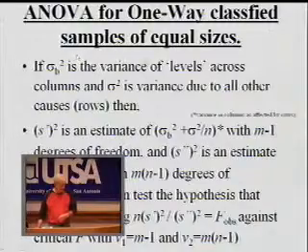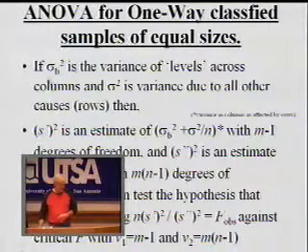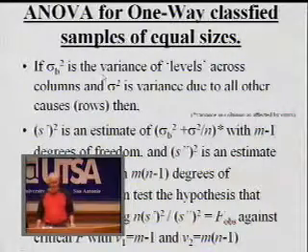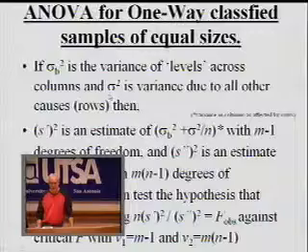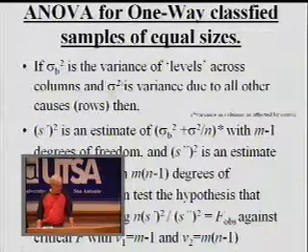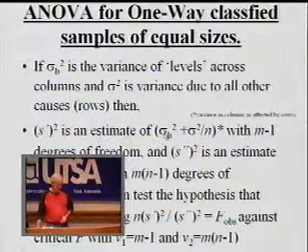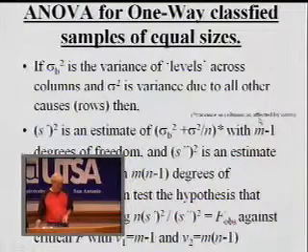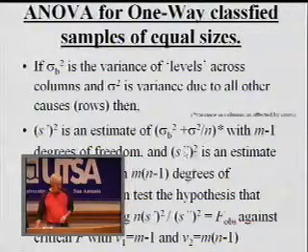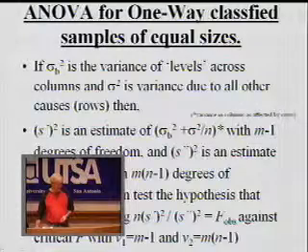So the ANOVA for one-way classified samples of equal sizes then, if sigma squared sub B is the variance of levels across the columns, and sigma squared is the variance due to all other causes, the rows, then S prime squared is an estimate of sigma squared sub B plus sigma squared over N, which is the variance in columns as affected by the rows, with M minus 1 degrees of freedom, and S prime prime squared is an estimate of sigma squared only, with Mn minus 1 degrees of freedom.